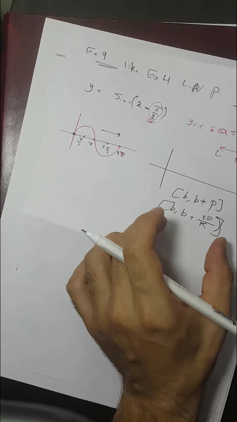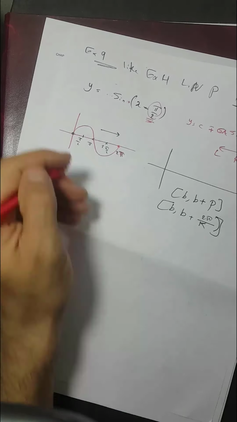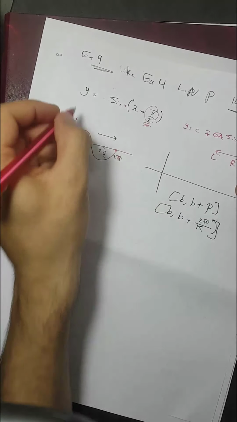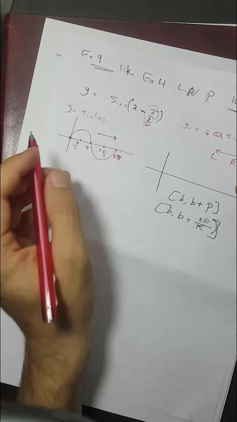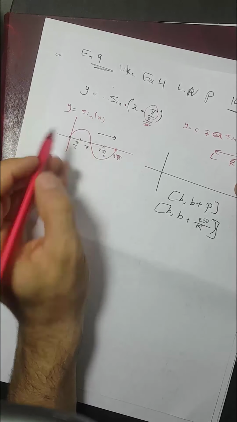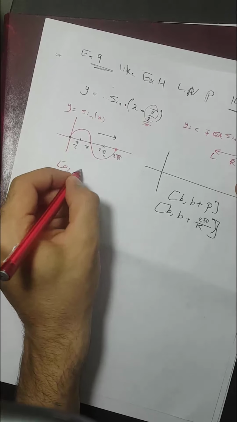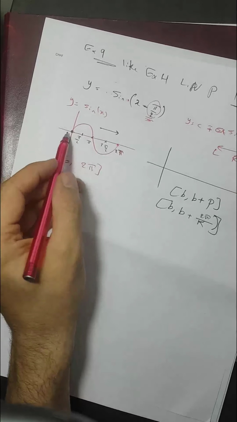So how do we find this range? What do we mean by this interval? For the simple example or original function, we start with 0 and we finish with 2 pi, right? Because there is no shifting.